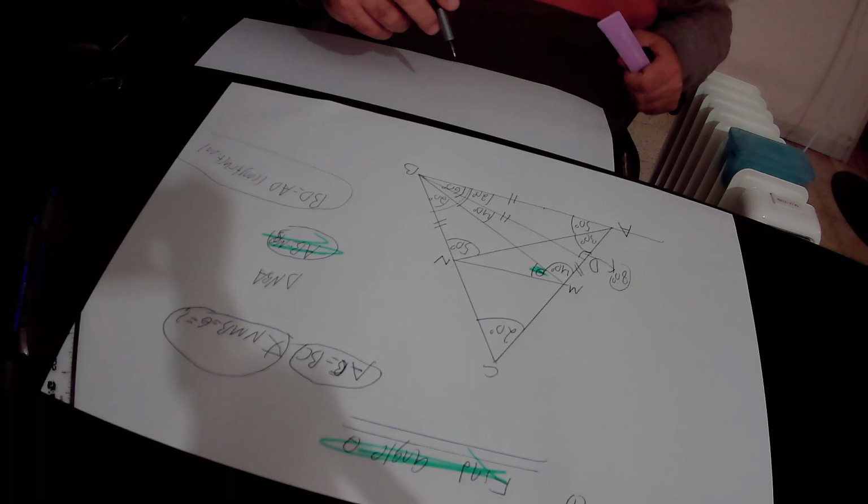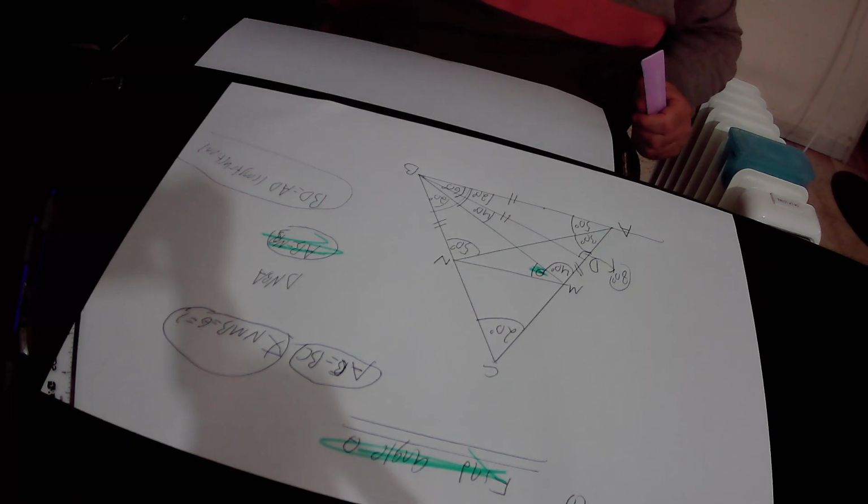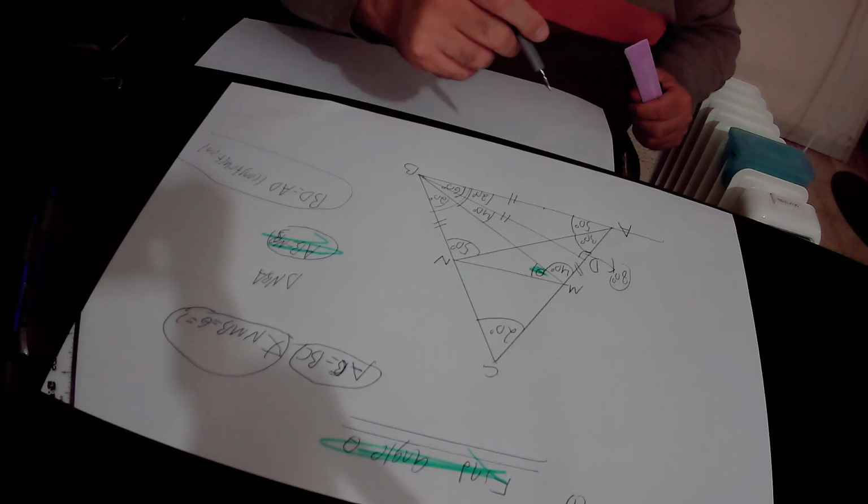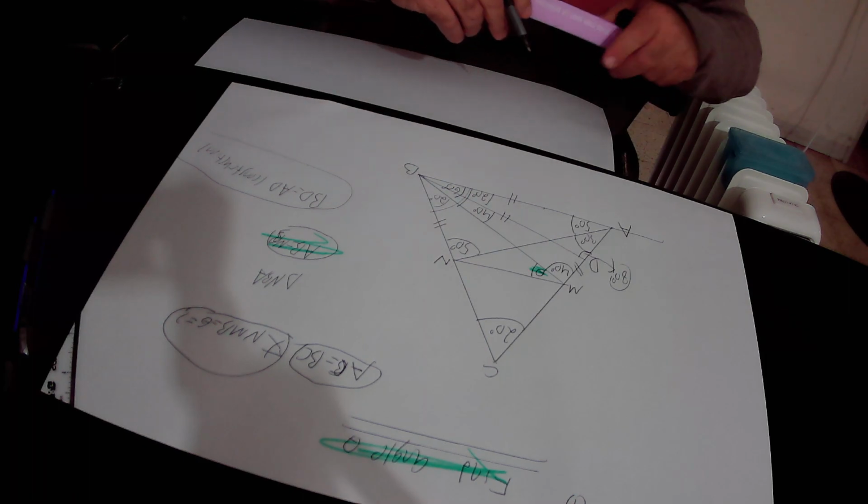So in the next step, we'll join points D and N together by a straight line.